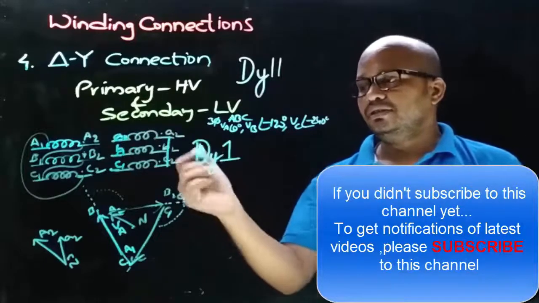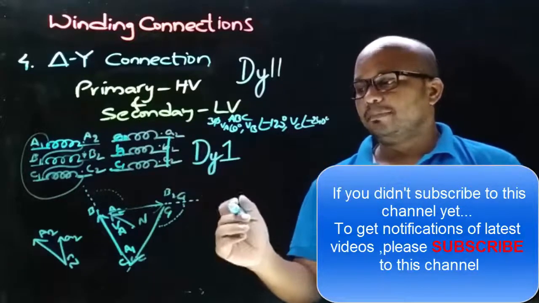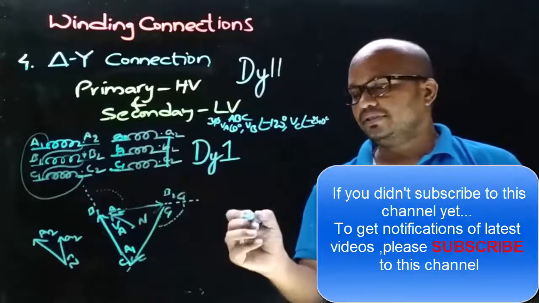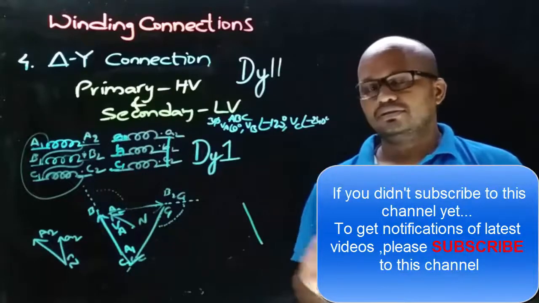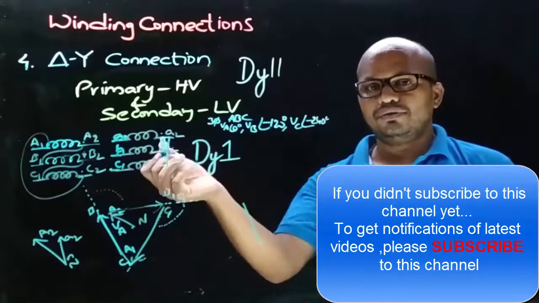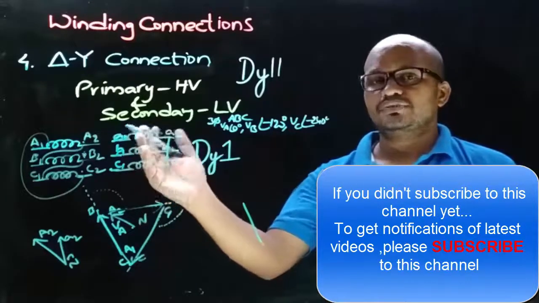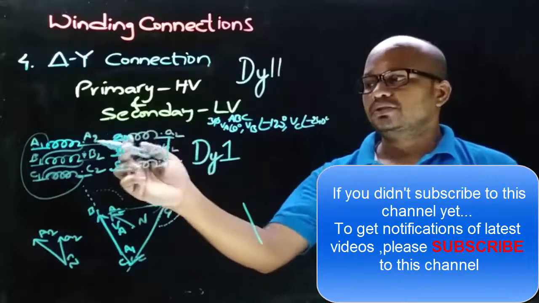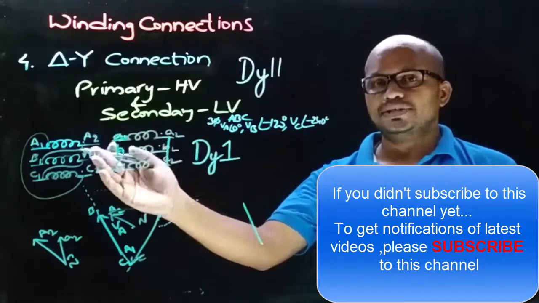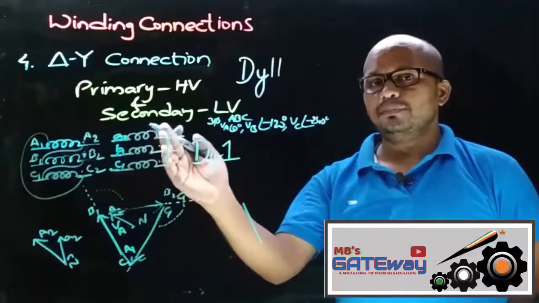So let's draw the secondary side VA phasor parallel to the primary side VA phasor, like this. Now let's decide the direction of the secondary side VA phasor, which depends on the connections we took on the primary side and the secondary side. On the primary side, connections are taken from dot ends, and on the secondary side from non-dot ends.